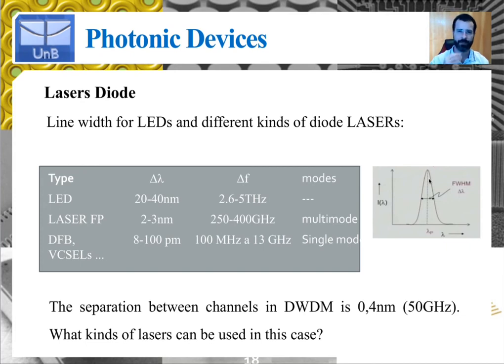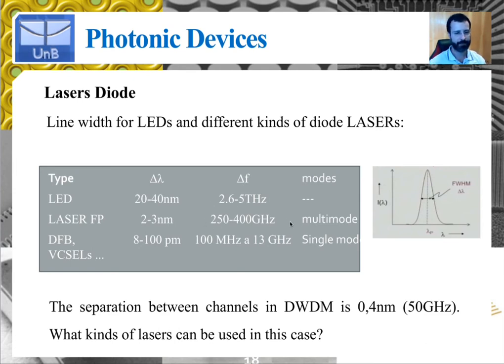So that's not such a good cavity. The Q quality factor is not going to be so high, but already we see an improvement with respect to LEDs which do not use a cavity at all, right? So the line width is of the order of a few nanometers, so 2 to 3 nanometers. This corresponds to hundreds of gigahertz.